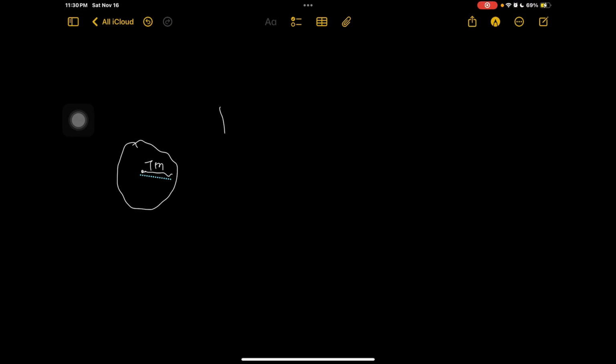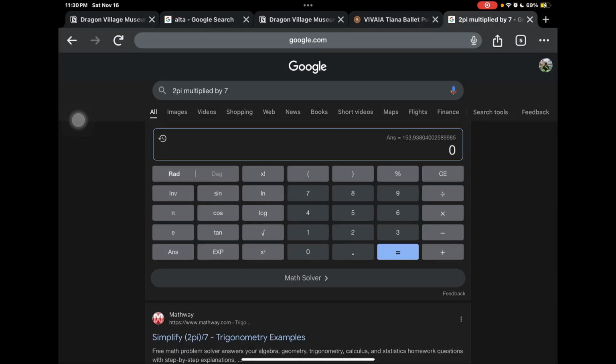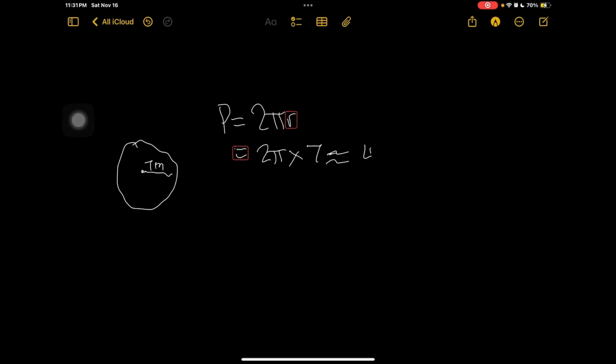So the formula of perimeter is P is equal to 2 pi r, which is 2 pi multiplied by 7, which is our radius. So 2 pi multiplied by 7 is equal to 43.9. So 44 meters.